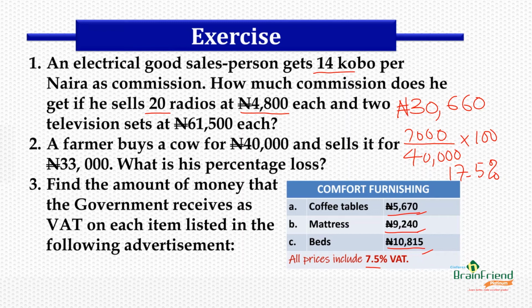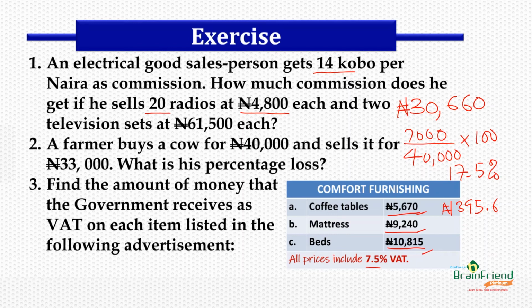For the first item, where we have 5,670 naira, if we divide 5,670 naira by 107.5 and then multiply our result by 7.5, the result will be 395.6 naira as VAT on that item. And for the next one, we'll do the same thing.